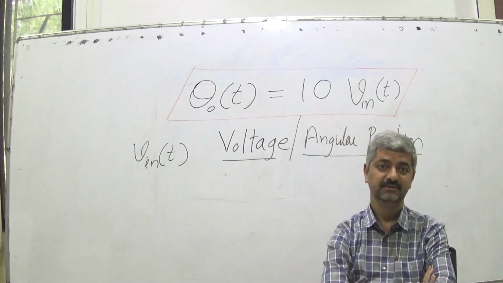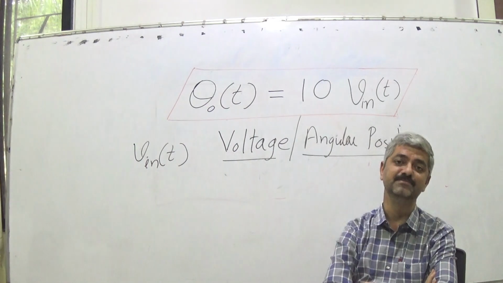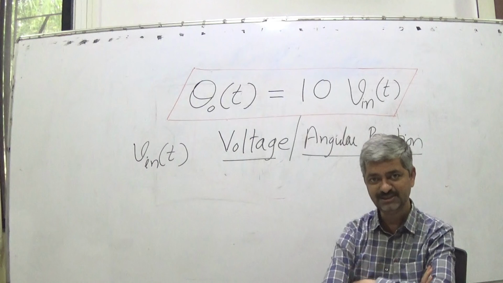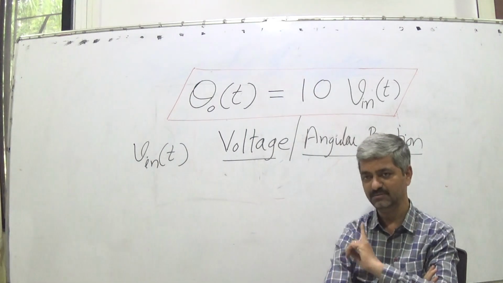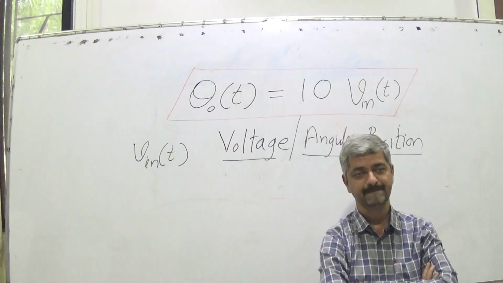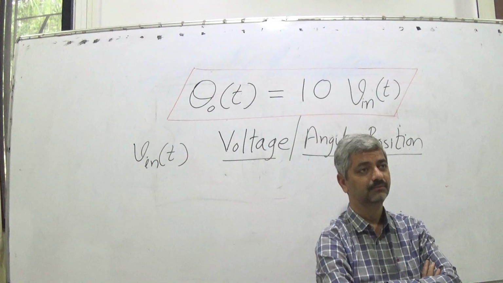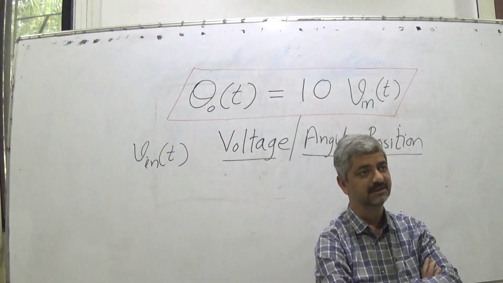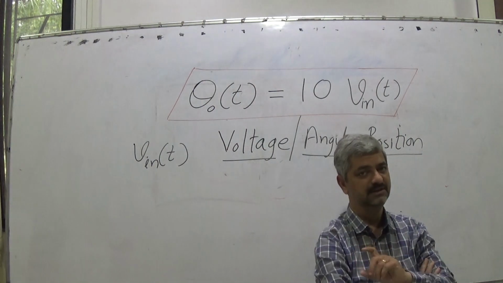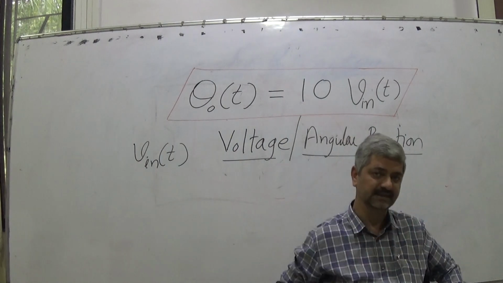We said that the signals are time signals. So input is voltage between 2 points, output is angular position, which the pointer shows from rest position or zero position. Now, when I say that it is a time signal, suppose if you give 3 volts DC supply, 2 battery cells, you will measure 30 degrees.